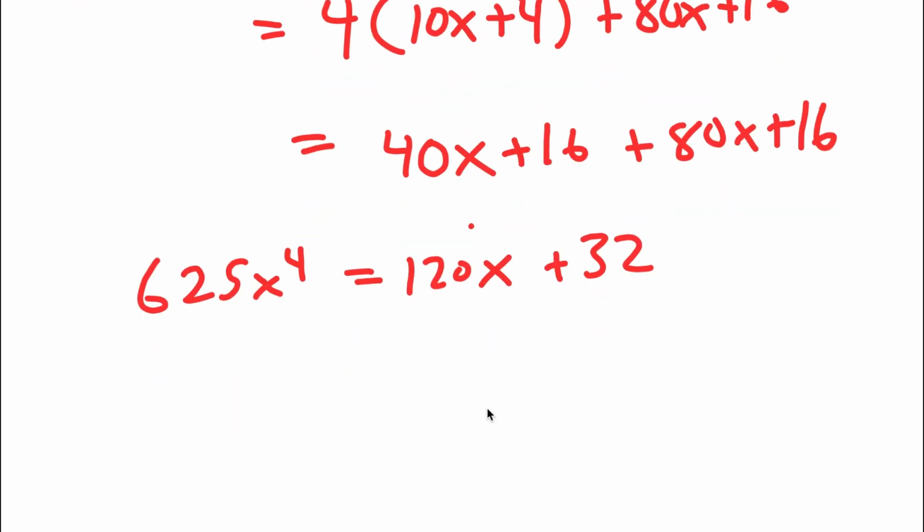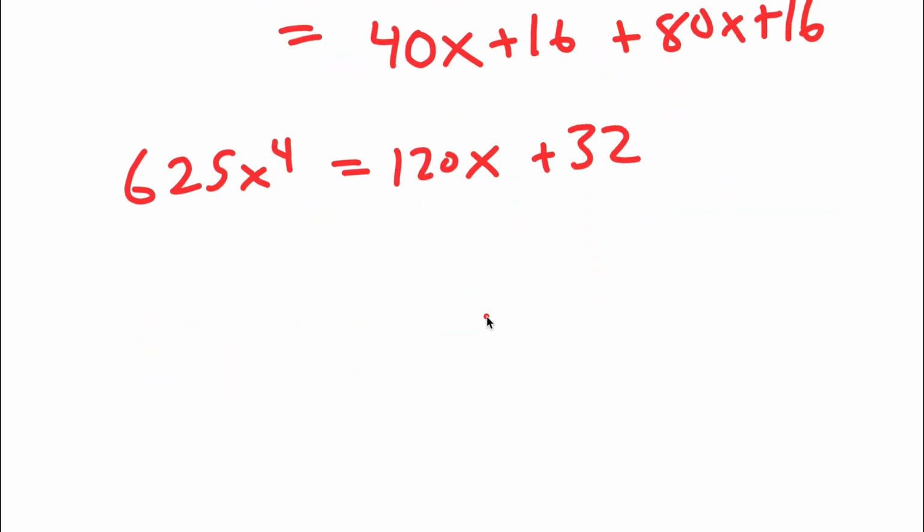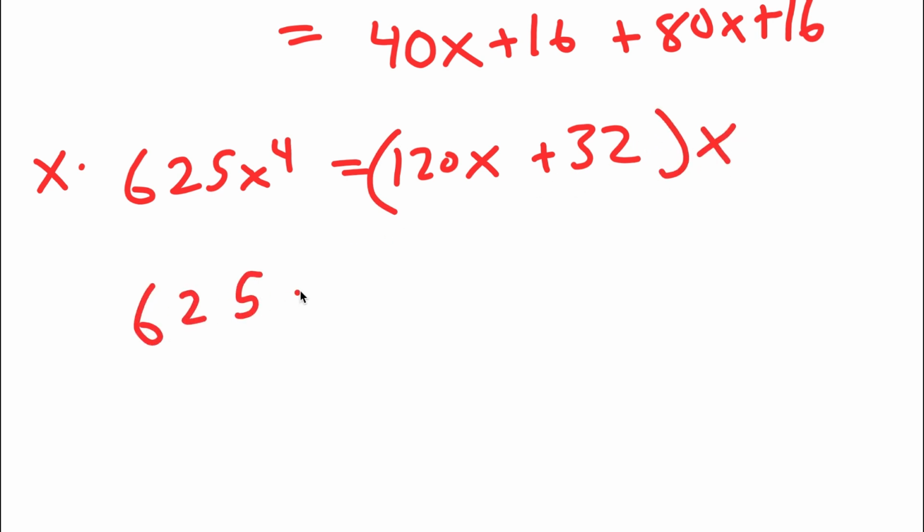So now from here, I'm going to multiply both sides by x. So now I get 625x to the power of 5 is equal to 120x squared plus 32x.